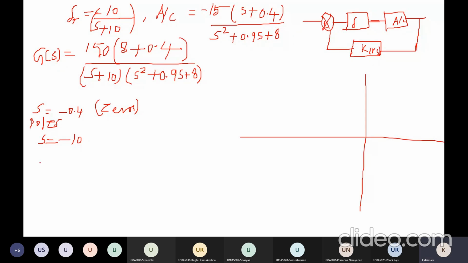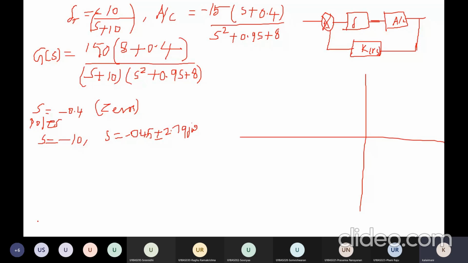I get my poles s equal to minus 0.45 plus 2.79 j omega, and the other pole is minus 0.45 minus 2.79 j omega.